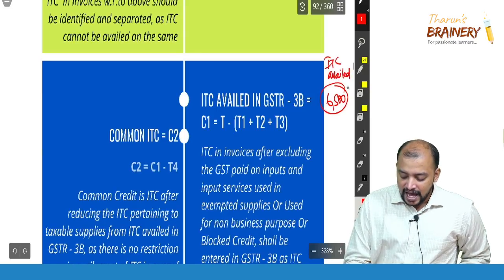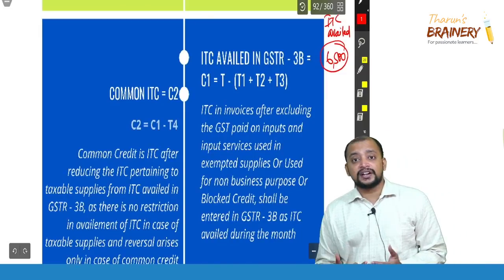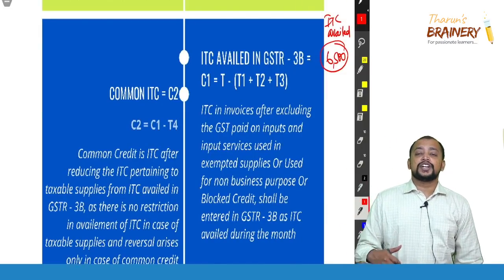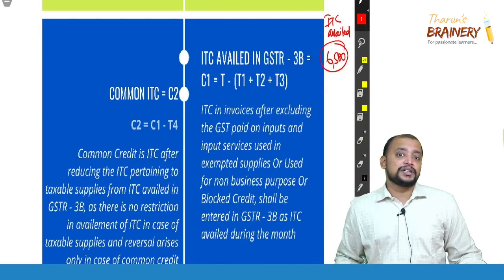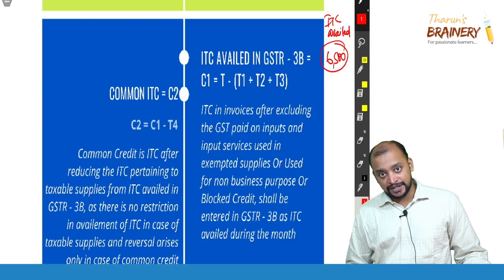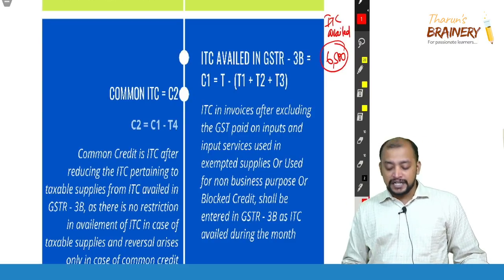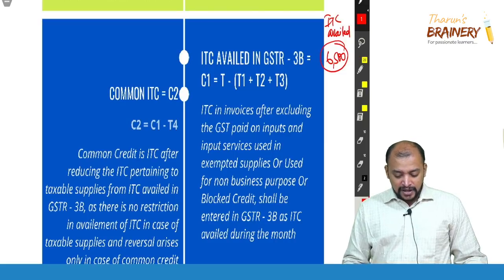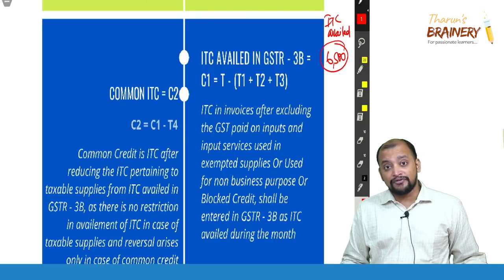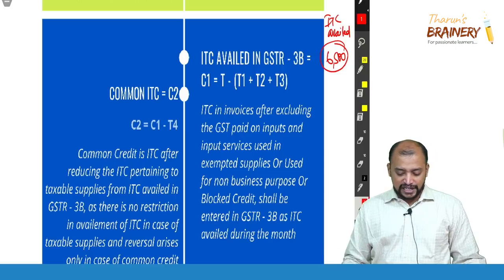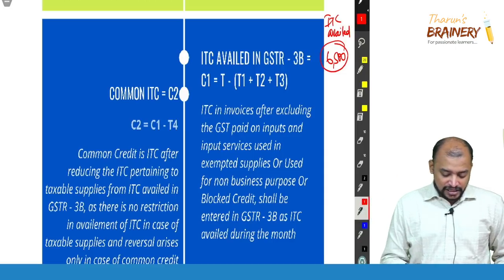After availing ITC of 6500, I need to reverse because I am using it for both taxable and exempted, and business and non-business purposes. So I need to find the common credit. Out of the 6500, I have used something fully for taxable, so I need to take it out. Say 4000 is used for taxable purpose.